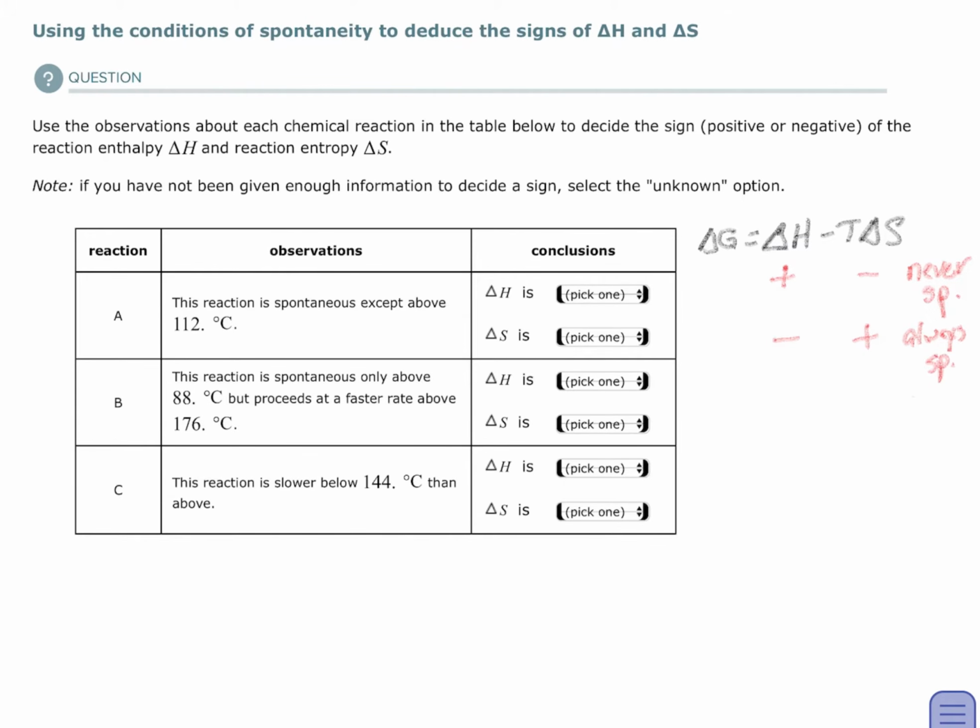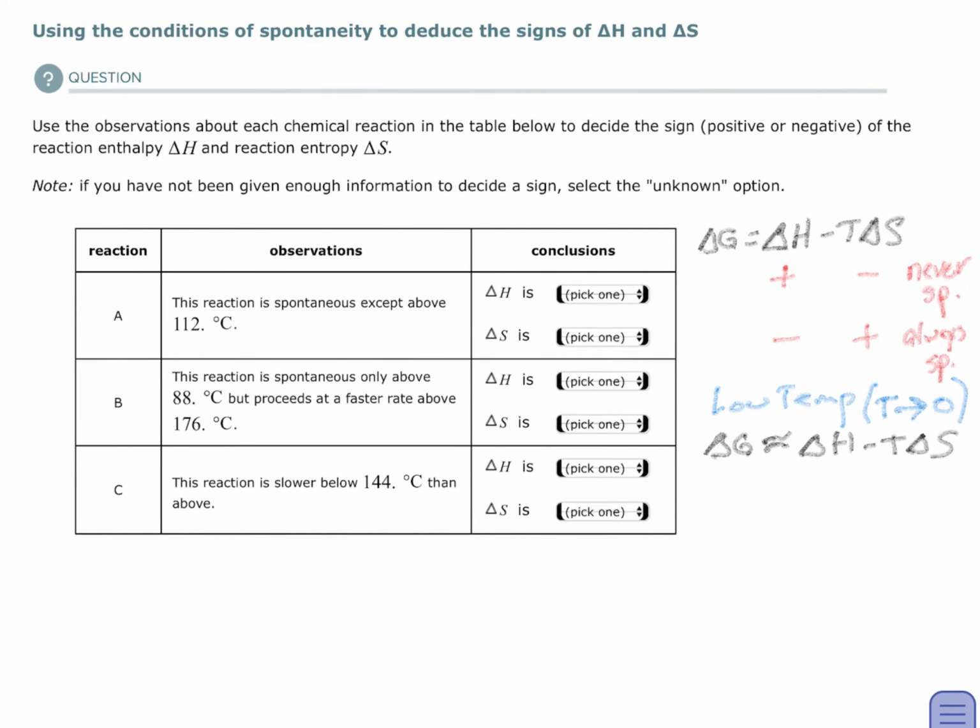If you can make the Kelvin temperature go towards zero, so you have a very low temperature, then negative T delta S is essentially zero, and that second part after the equal sign essentially goes away.